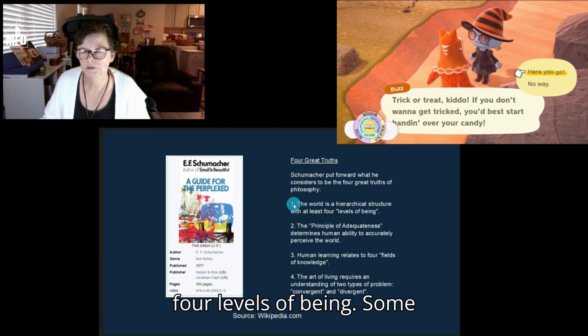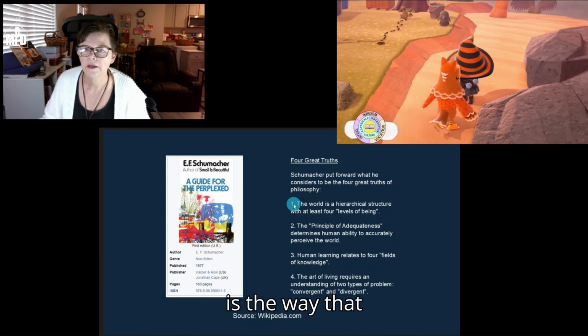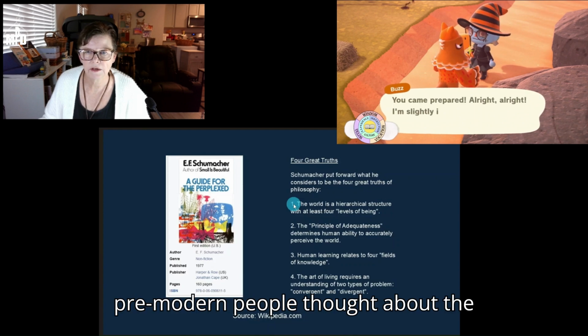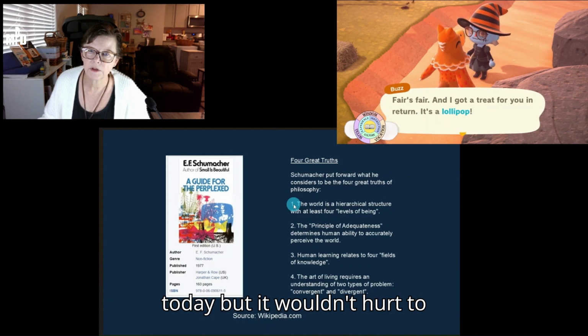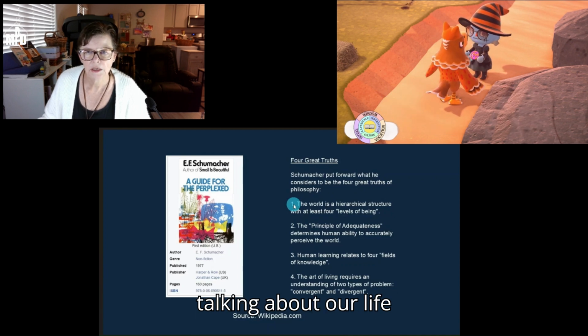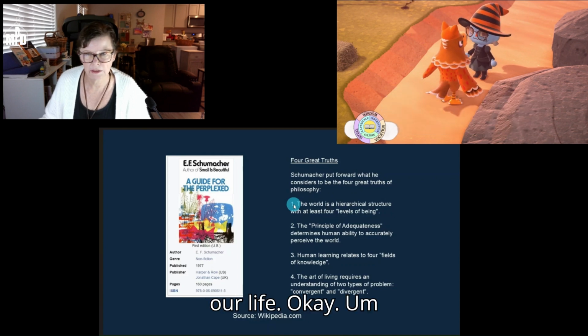Now, some people will take issue with this, but this is the way that pre-modern people thought about the world. We don't think so much this way today, but it wouldn't hurt to reconsider the levels of being when we're talking about our life and what is beyond our life.